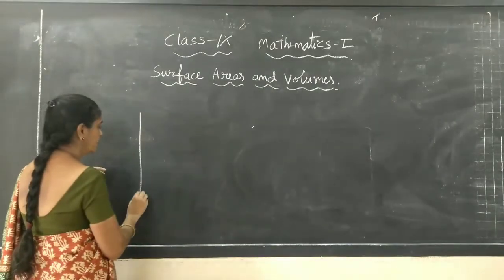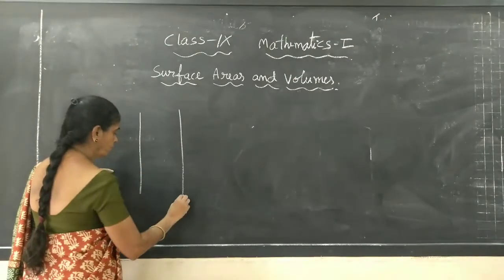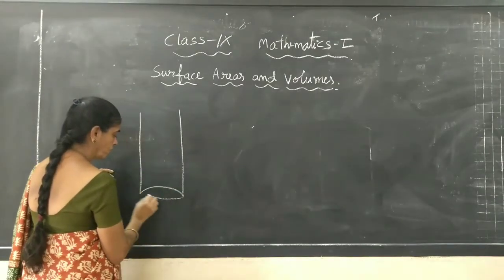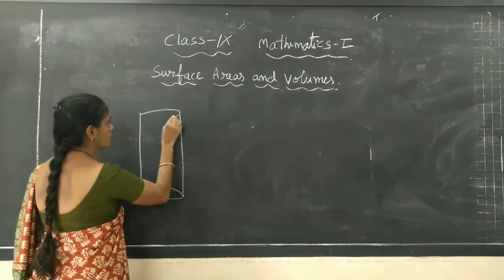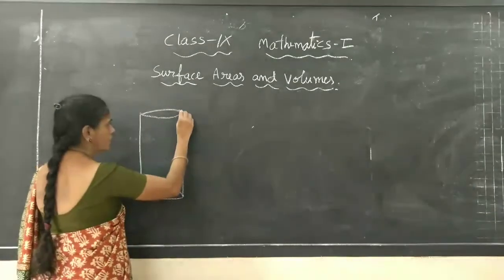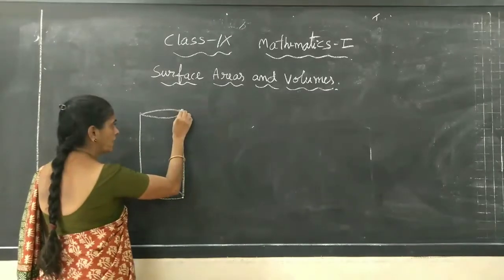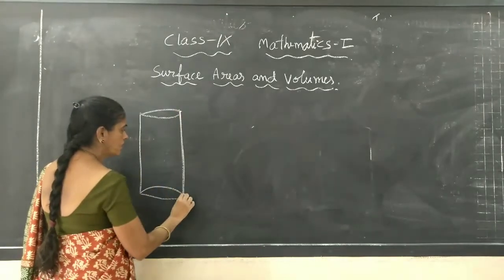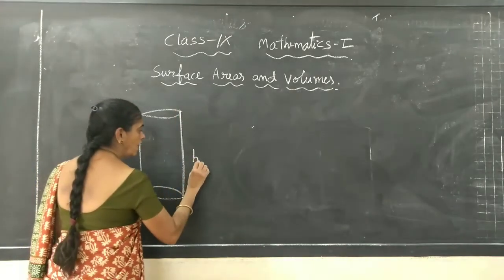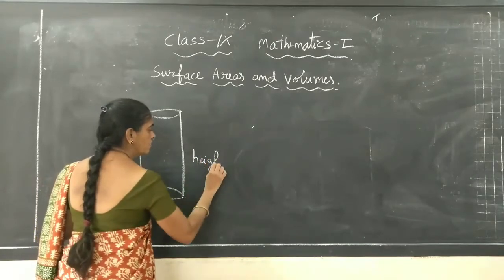I have one right cylinder. Now this is from one base to the other base, perpendicular to the base. This is called the height of the cylinder.